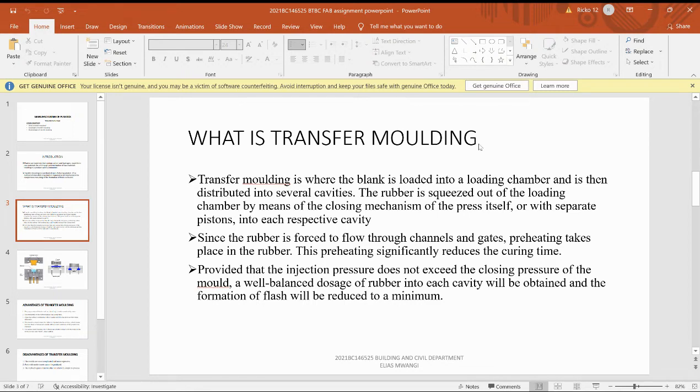The plunger falls onto the rubber, it is squeezed, and the rubber is forced into the cavities, which give the particular piece its shape.